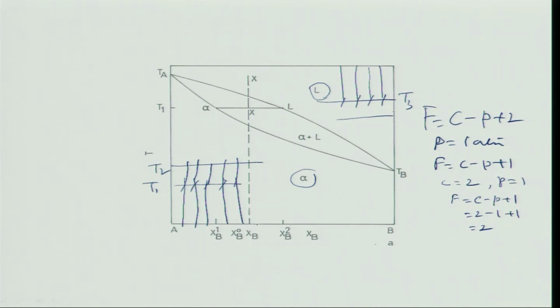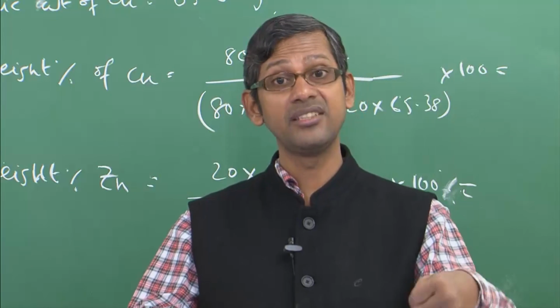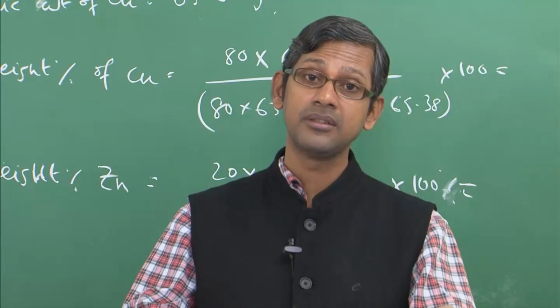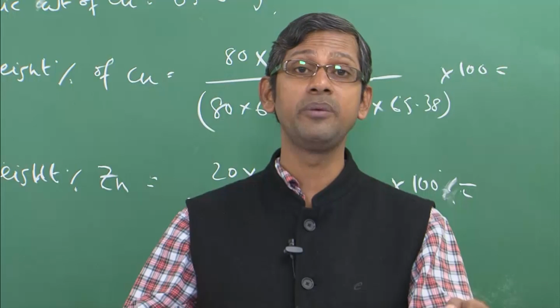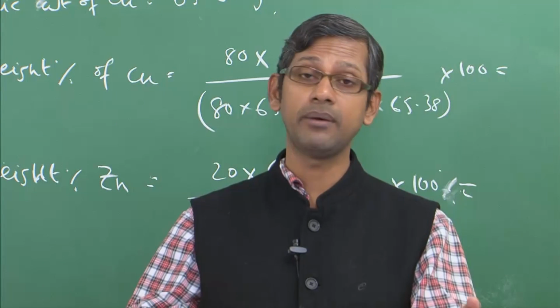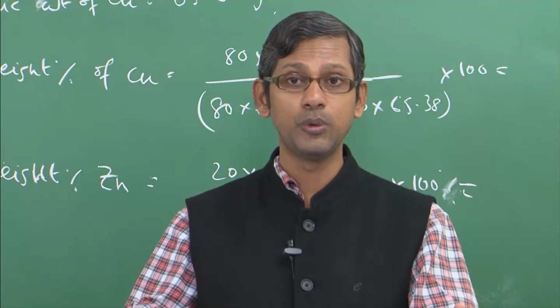If I change the temperature, the liquid is still stable at different compositions. So, I can vary both temperature and composition simultaneously, and the liquid phase will remain stable. This is the meaning of F equal to 2. That means I have 2 degrees of freedom, 2 handles, I can change them simultaneously, but I will not change the phase. The phase will remain either liquid or alpha, whichever single phase region you are in.